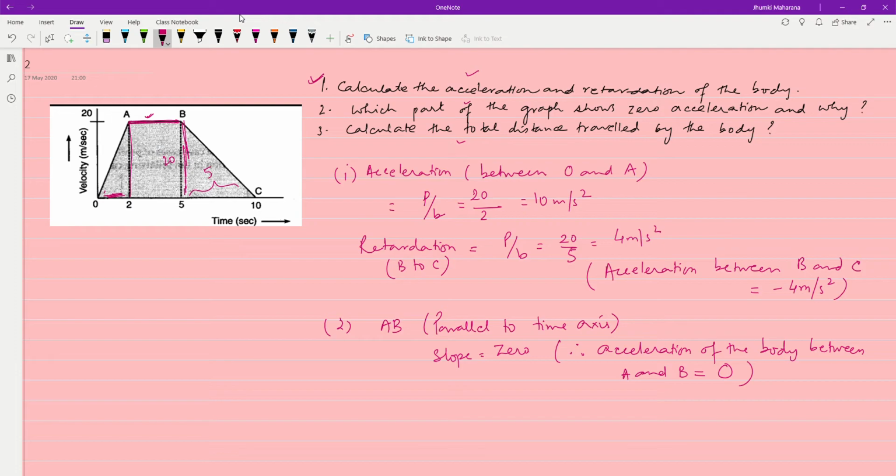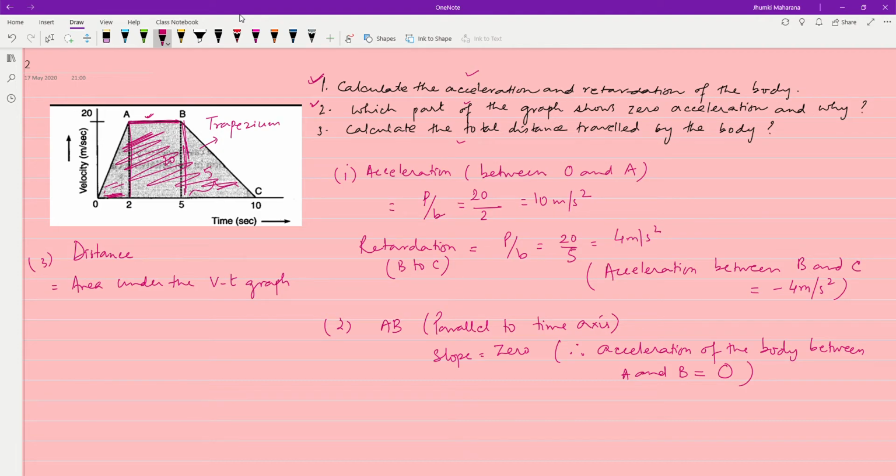Now the third question. The second and first are done. So the third part is calculate the total distance traveled by the body. How to find out the total distance? We have talked about distance also last time. Distance is nothing but area under the VT graph. Now if you look at this graph, we can see a trapezium here.